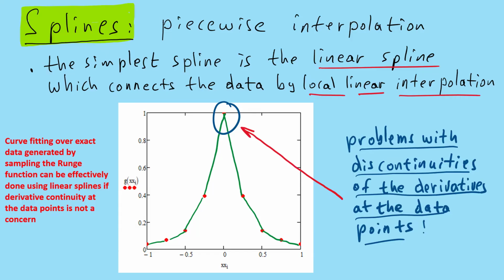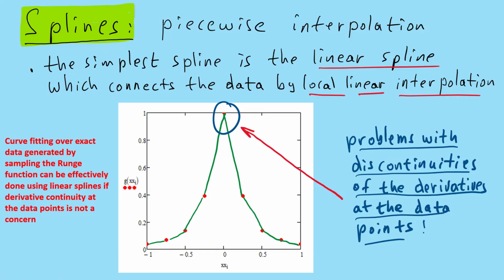In this figure, the red dots show the exact data points, which are just samples from the function, and the green line shows the linear spline connecting those points.